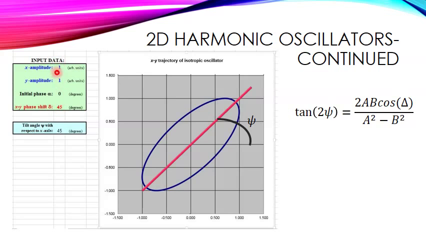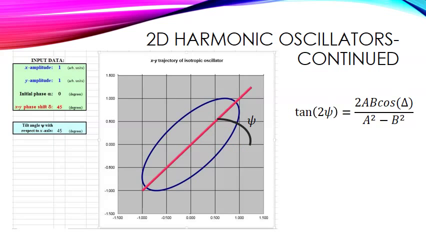Our amplitudes are the same for both. x oscillates back and forth with a maximum of plus or minus 1, same for y. The initial phase of alpha is 0, so that would make the initial phase of beta 45, so that we get the 45 value here.